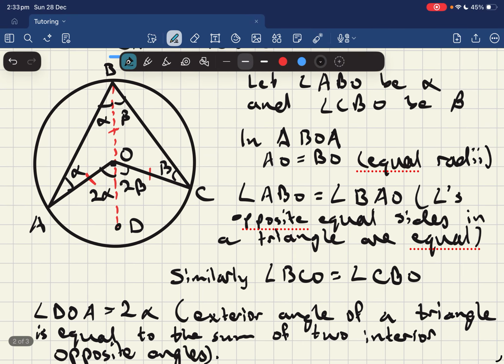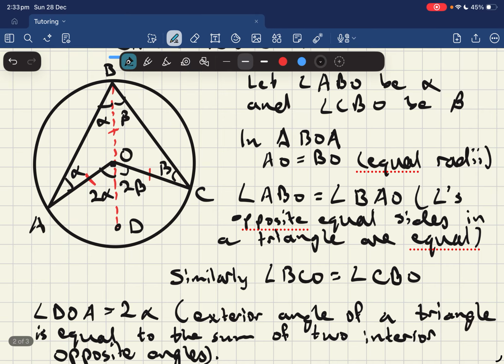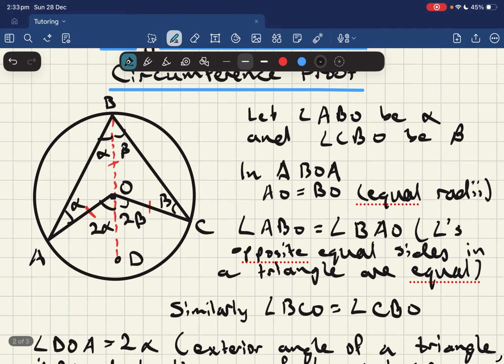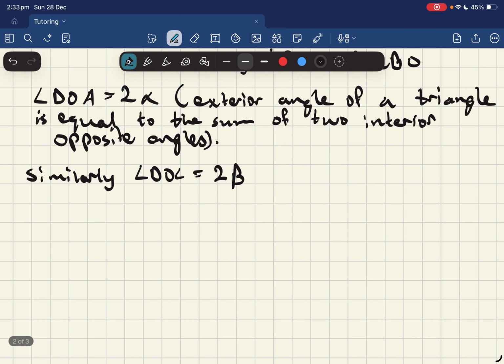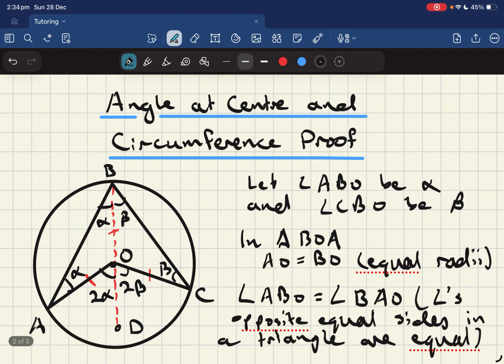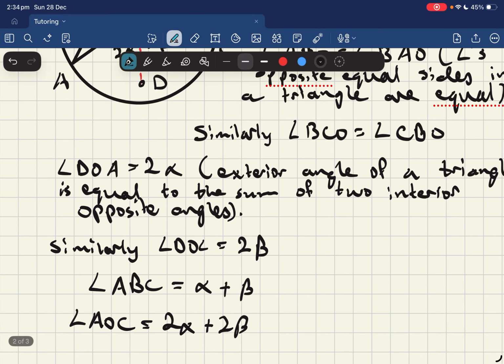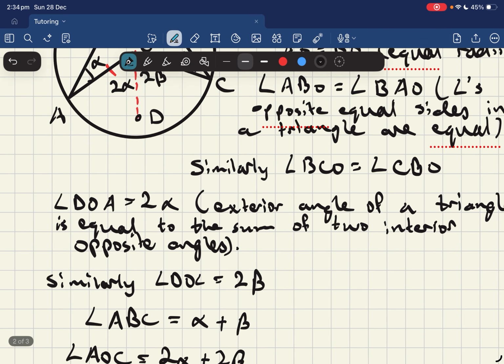Now, here is what this basically brings us to, the proof that we are trying to do. Now, we're trying to prove that this angle AOC is double this angle ABC. So we can say that angle ABC, its size is alpha plus beta. Now, angle AOC equals 2 alpha plus 2 beta. As we see down the bottom, it's the sum of these two angles.